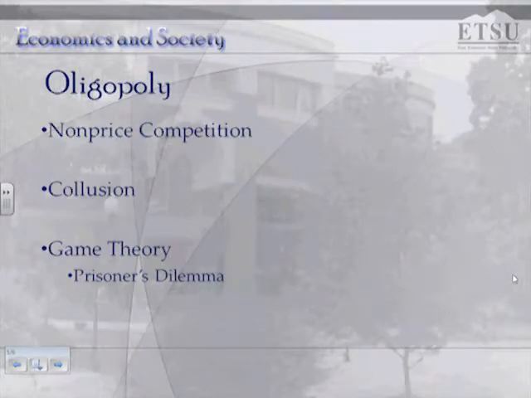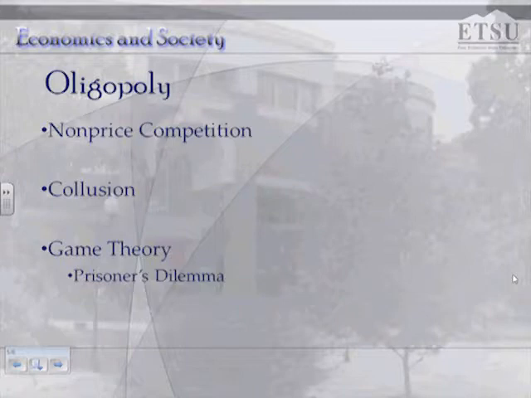We see non-price competition in oligopoly, this product differentiation that we talked about with monopolistic competition, which is something that we don't see with monopoly or perfect competition, right? This product differentiation where we're trying to affect preferences or trying to cater to a particular preference of groups of consumers.